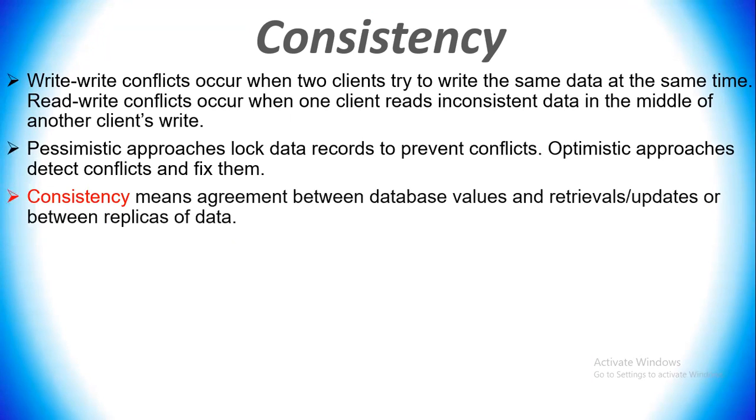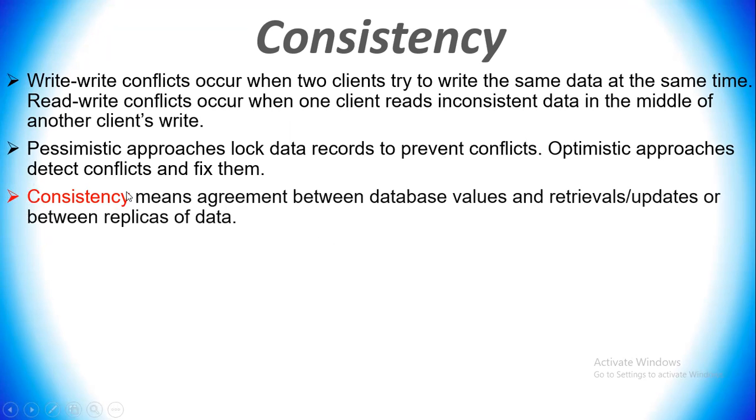So this is the definition of consistency, which I already explained. That is the agreement between what is read and what has been updated. That was the definition for relational databases. But for NoSQL databases, one additional factor should be considered, that is the replicas of data.